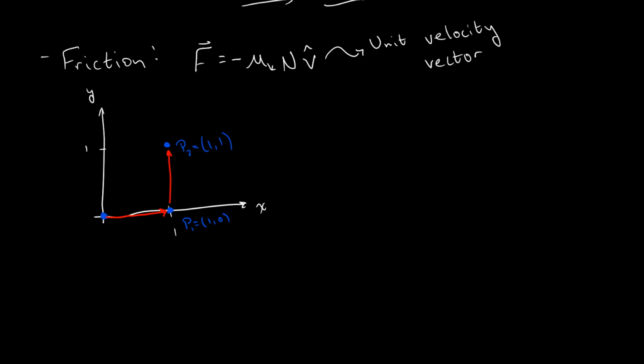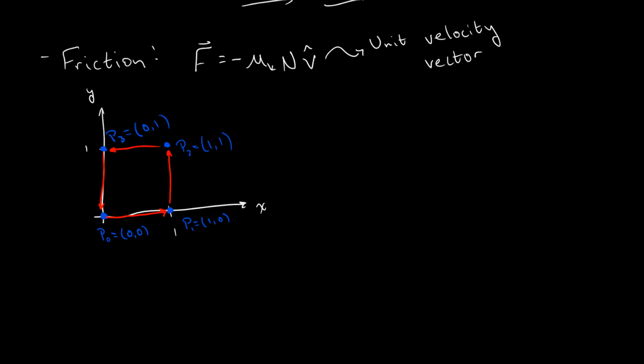And now I'll go back along at a fixed value of y until I hit the y-axis, at which point I'll call this P3 equals 0, 1. And then I'll just return down to the origin. I'll call this P0, and this is 0, 0.